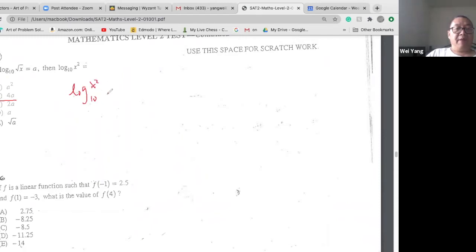Then you can write this one as log 10 root x, then power 4. So this will be 4 times log 10 root x. So this one you got 4 times A. You're right. It's correct. Okay, good.